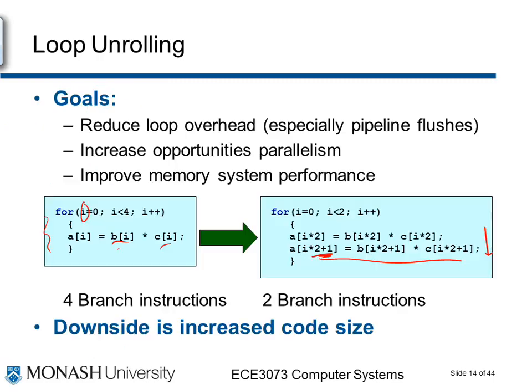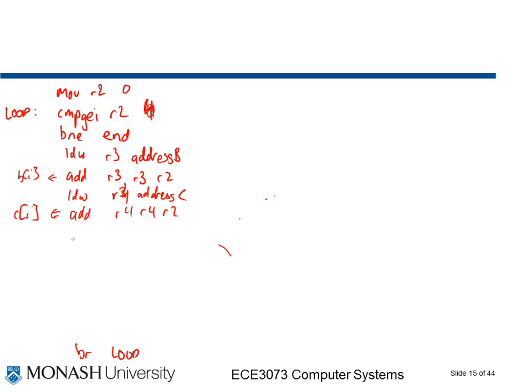And then I do my multiplication. I multiply R3 by R4. That holds what I want to be A[i]. So now I need to work out where to store it.